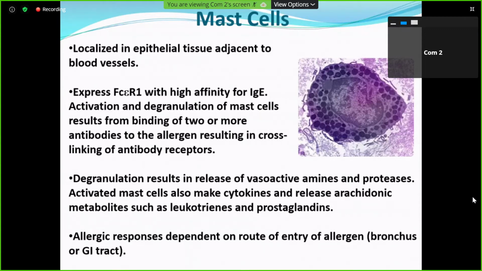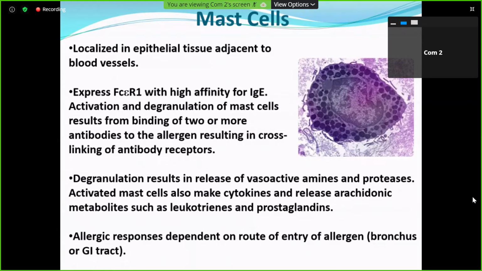Rather, you want expulsion of these parasites. So you want to create vomiting and diarrhea, so you will expel these microbes rather than kill them, because in many cases, particularly helminthic worms, they're far too large for your normal neutrophils and macrophages to kill. So you rather just flush it out of your system.